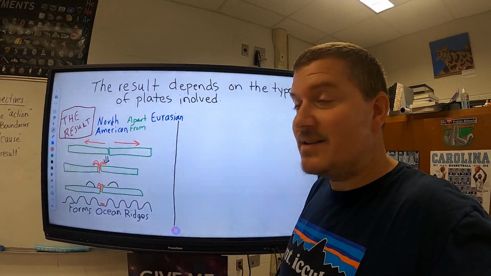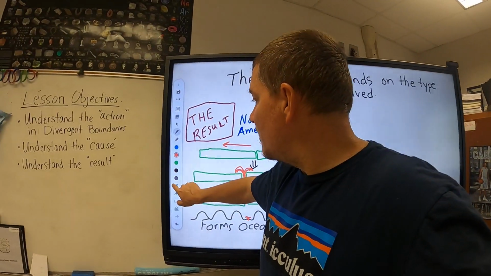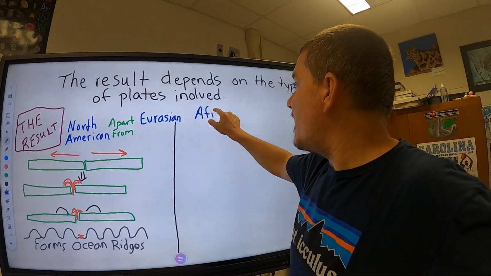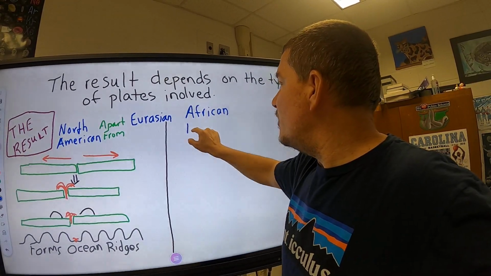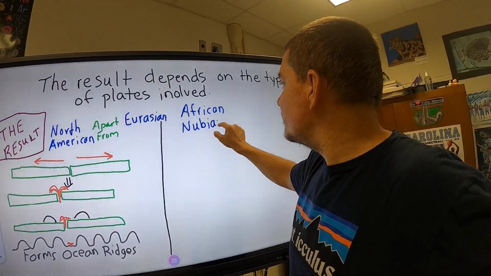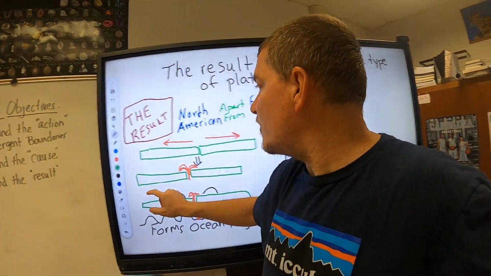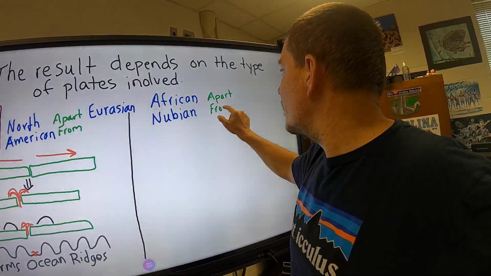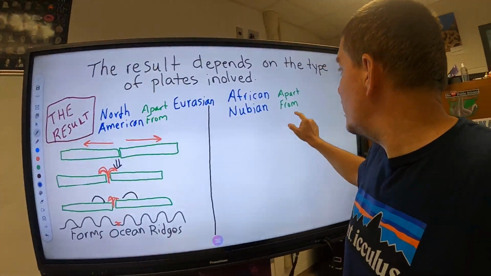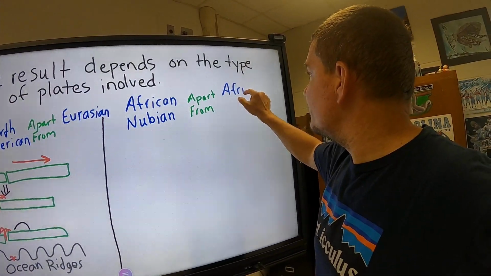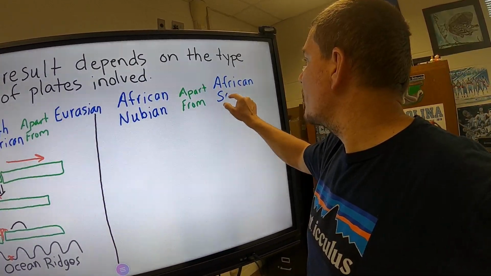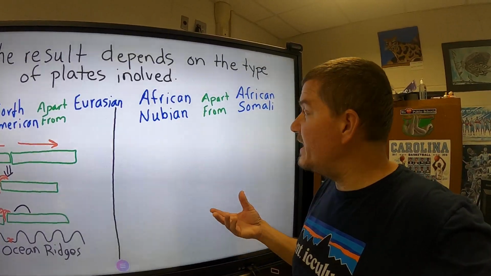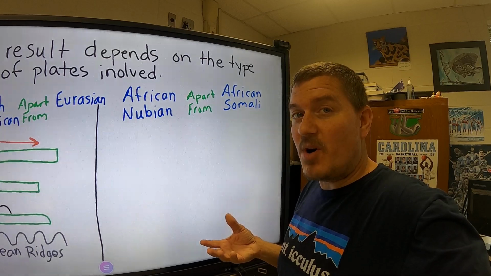But if we have that on land, like for example, between the African Nubian plate being pulled apart from the African Somali plate, so those are really two pieces of the African plate that are breaking apart from each other.